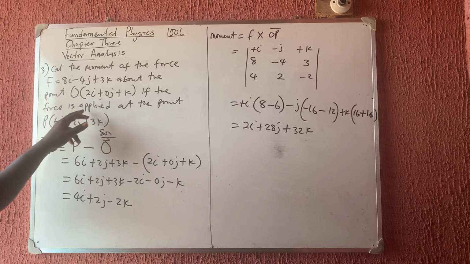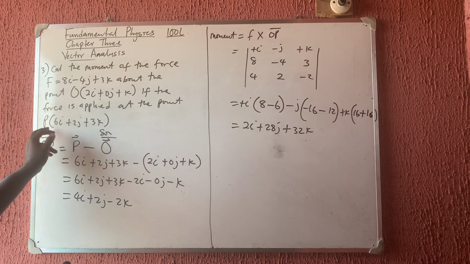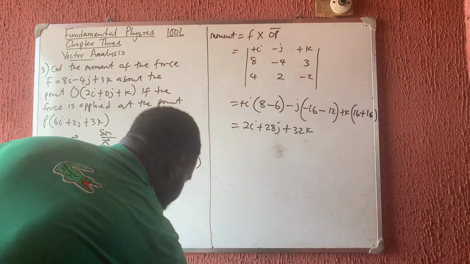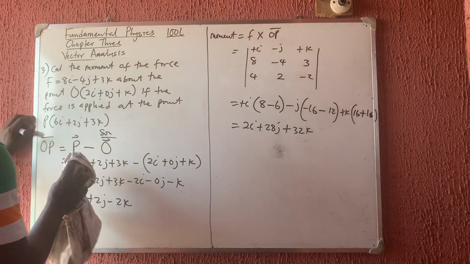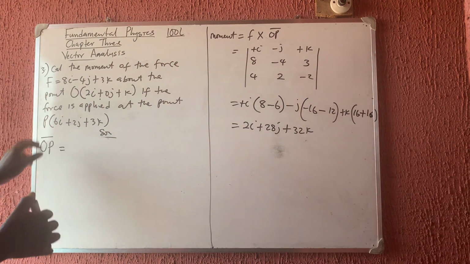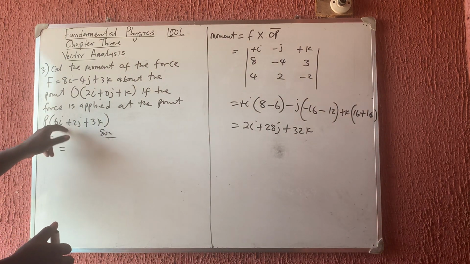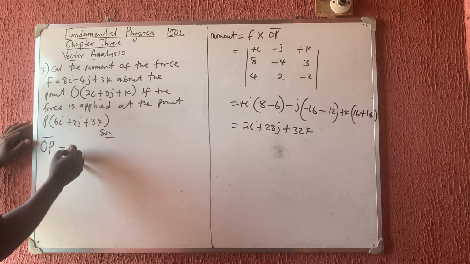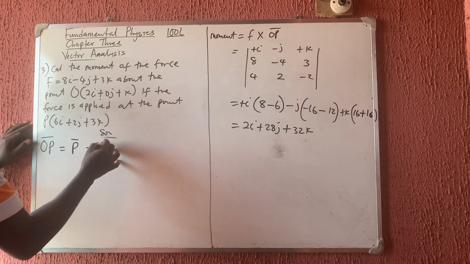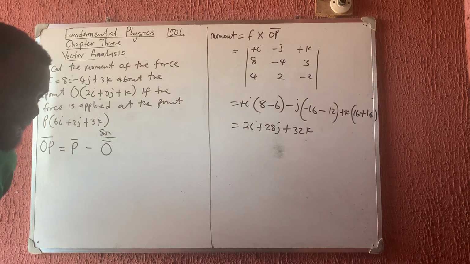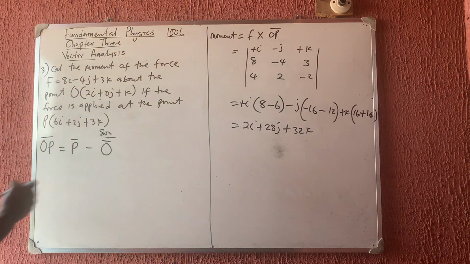If the force is applied at the point, this is where they apply it, so it started there and got here. So you should be very careful with what you are doing. The force was applied here. This is the starting point to this place, so it's going to be OP, which is P minus O. So you have to be very careful where the force is applied. If you apply a force here, you started moving from that point, you apply the force to where you are going to. So that is the mistake.